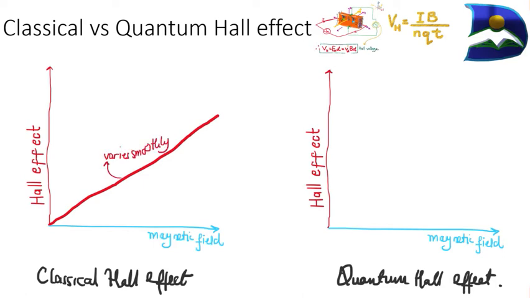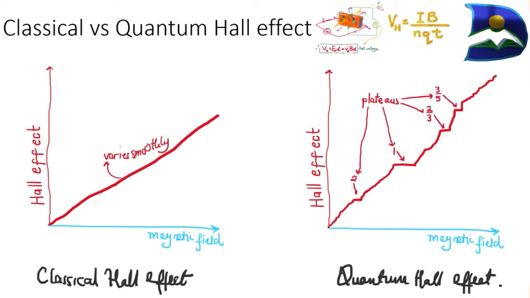However, in the quantum Hall effect we see a couple of plateaus, and those plateaus have specific fraction constants, either 2, 1, 2/3 or 3/5, and all of this is actually caused by what we know as the longitudinal voltage.